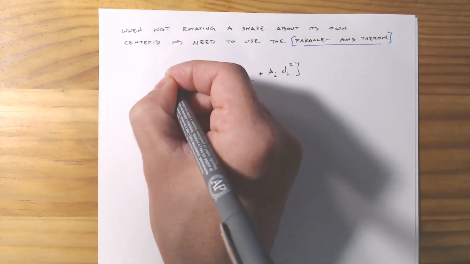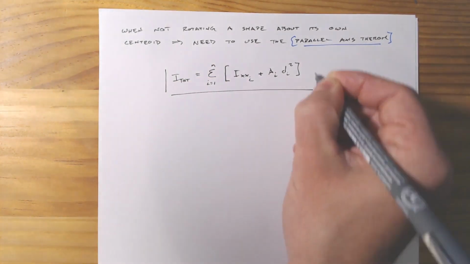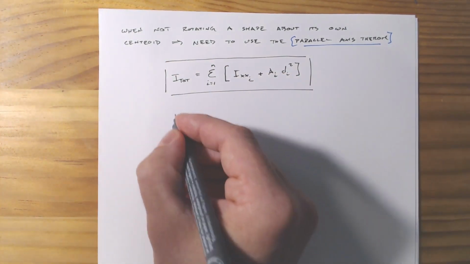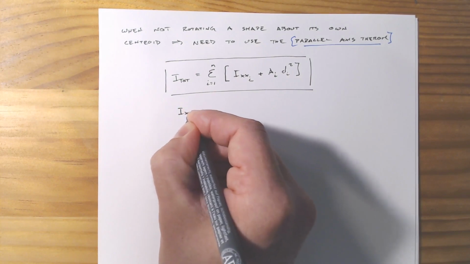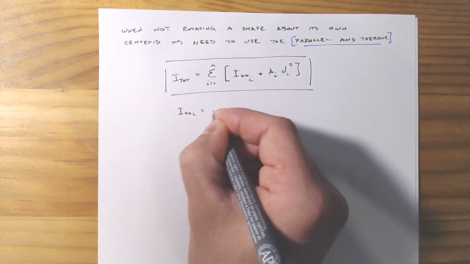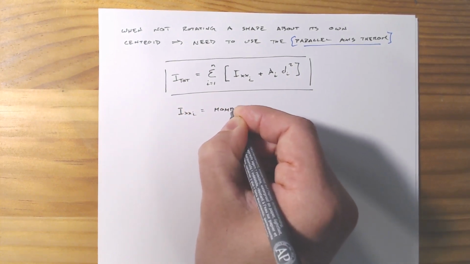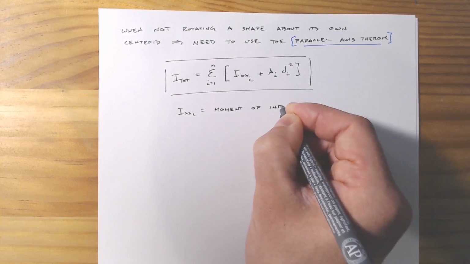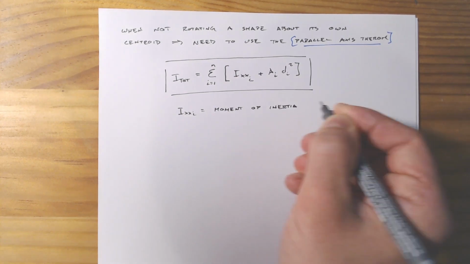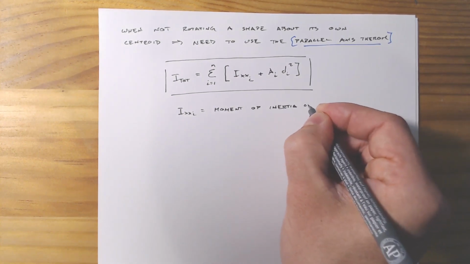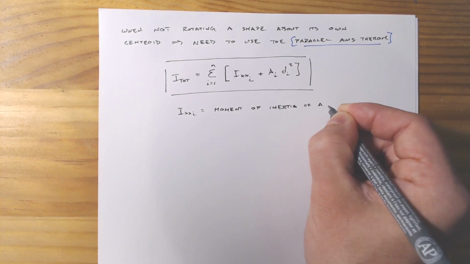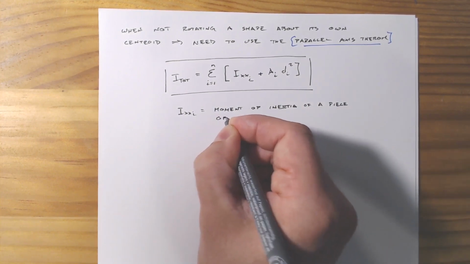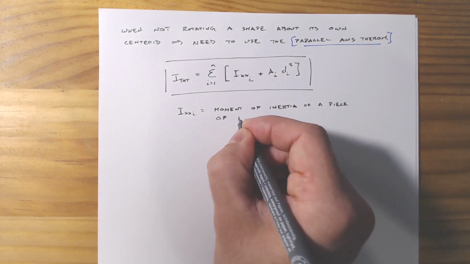So this is the parallel axis theorem. And so let me just write out what each of these pieces means. I_xx,i is the moment of inertia of a piece of cross-section.